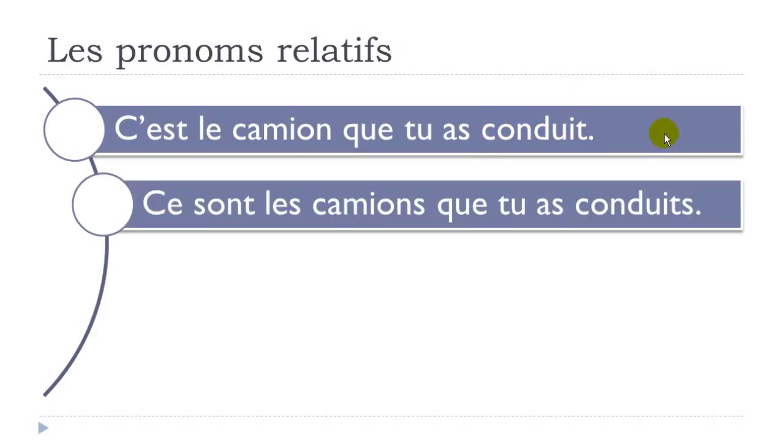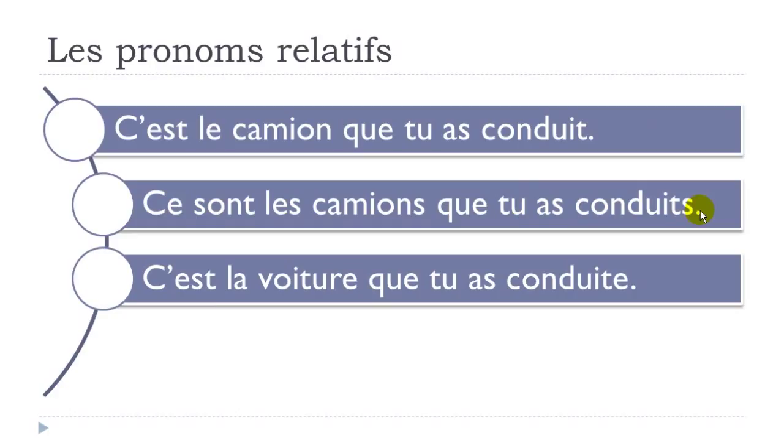But if we put the same sentence, but at the plural, in that case, ce sont les camions que tu as conduits, okay? You will have this S, you don't pronounce it, but it will be here. Now, the feminine. So we take la voiture, the car, okay, la voiture, it's feminine. C'est la voiture que tu as conduite.